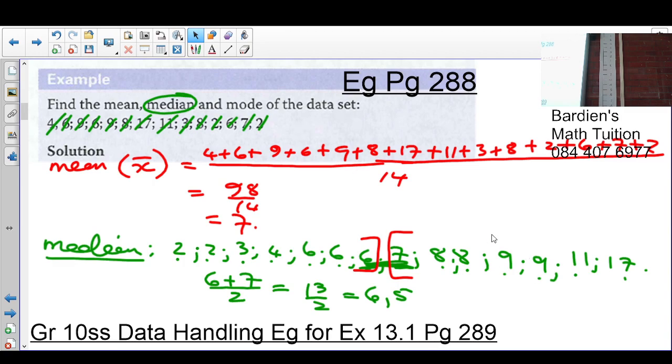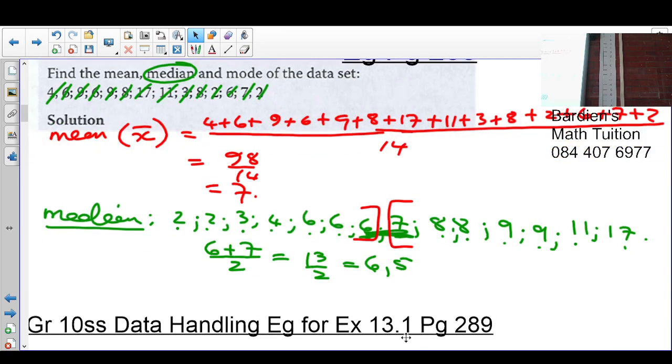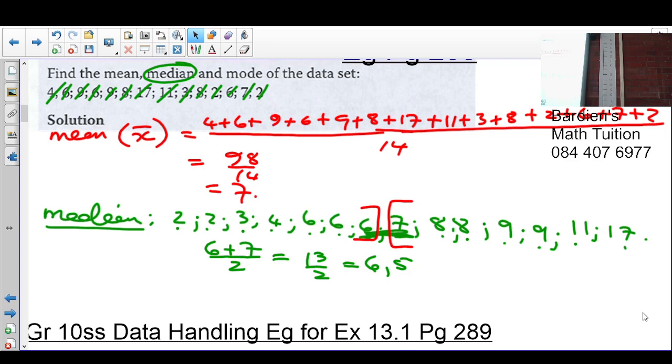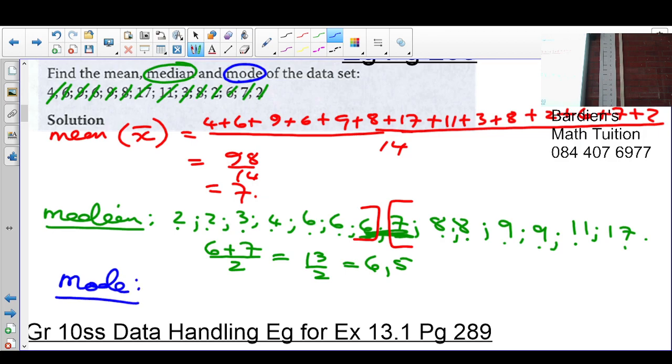Then we got the last question that I asked you with regards to the mode. People, what is the mode? The most frequently occurring number, or the number that occurs the most.